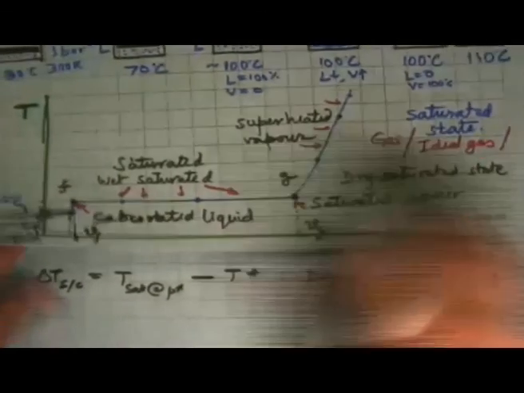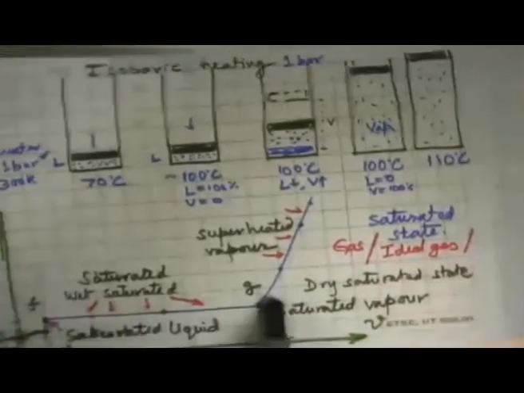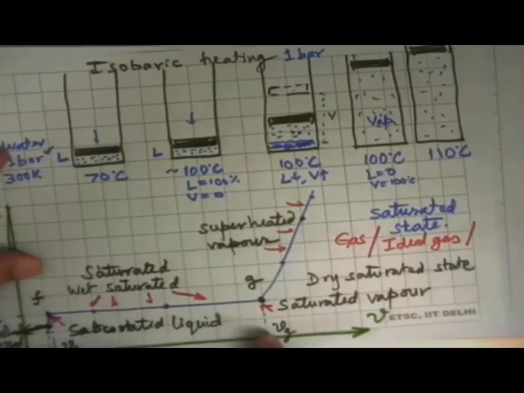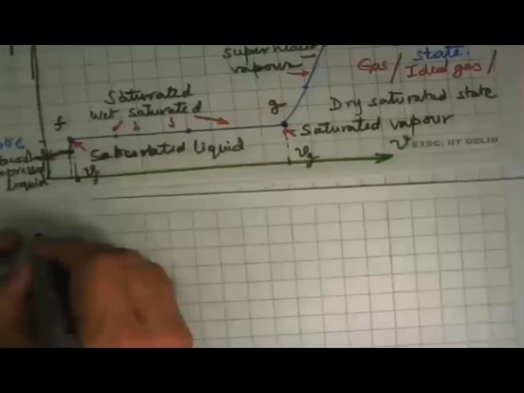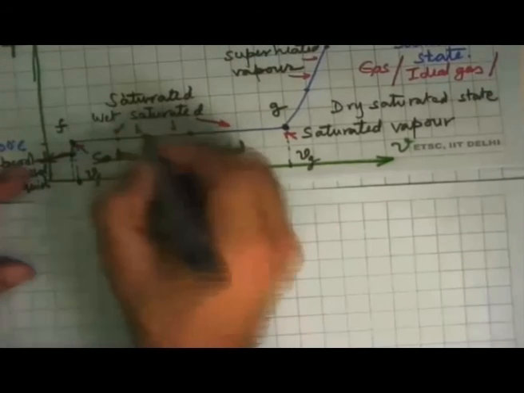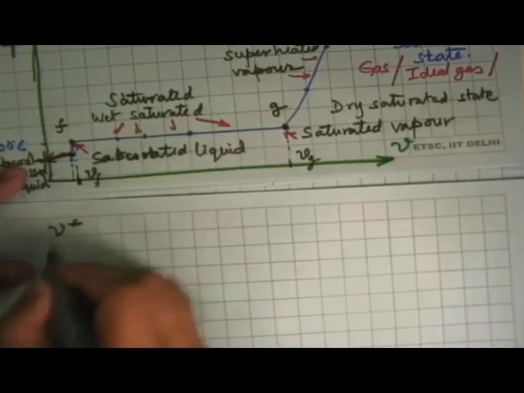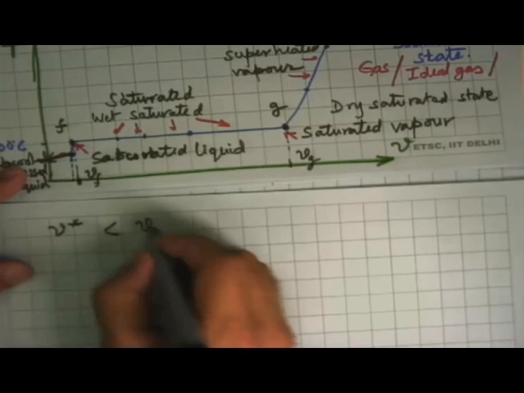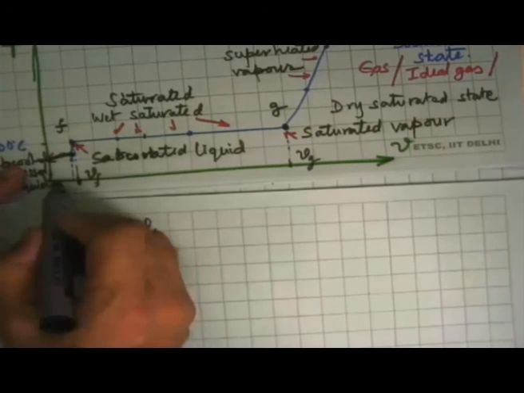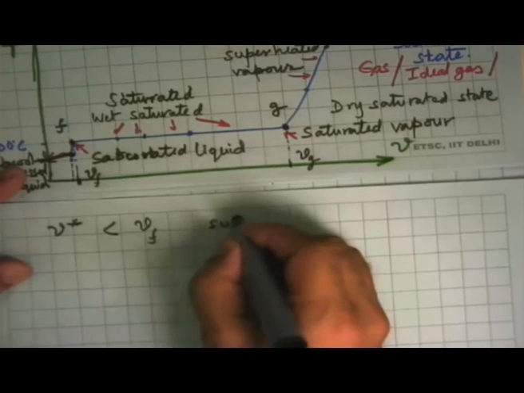So on that basis, we know that all wet states will have specific volume in between these two parameters. So another way to decide whether it is a subcooled liquid or superheated vapor is that if the specific volume given is V star, if V star is less than Vf, that means it is on this side, this is subcooled liquid.